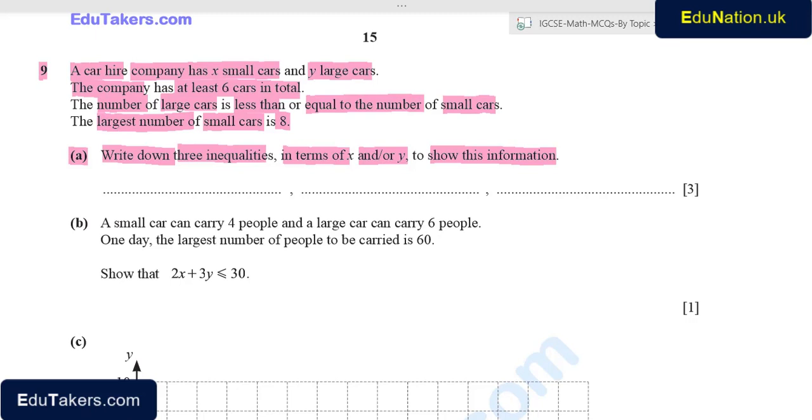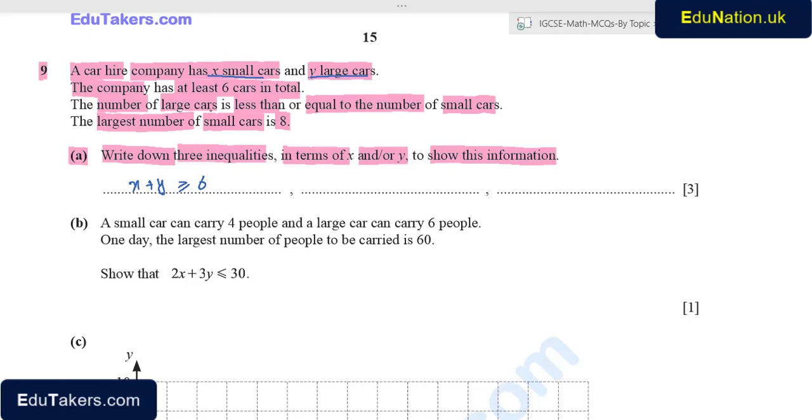The company has at least 6 cars in total, where X is small cars and Y is large cars. So this will be X plus Y is greater than or equal to 6.